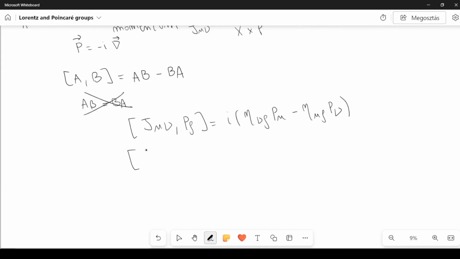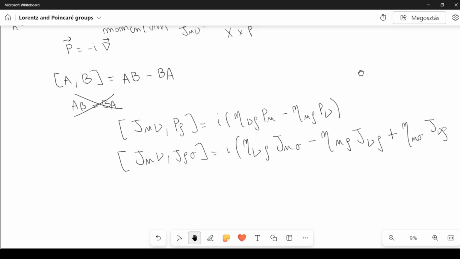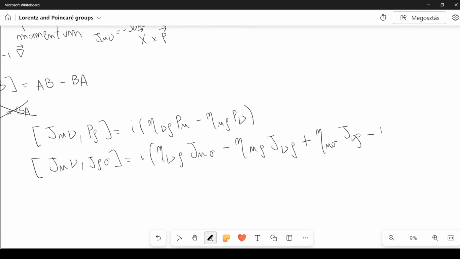And then we also have some other commutation relations between J^{μν} and J^{ρσ}, given by i(η^{νρ} J^{μσ} − η^{μρ} J^{νσ} + η^{μσ} J^{νρ} − η^{νσ} J^{μρ}), like this.